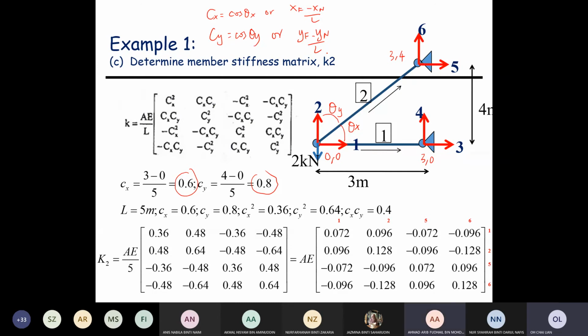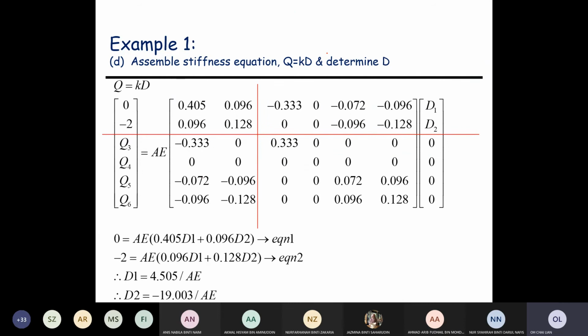Class? Yes, madam. Okay, so I would like to show you the structure stiffness matrix. I think there is no difference in getting the structure stiffness matrix.